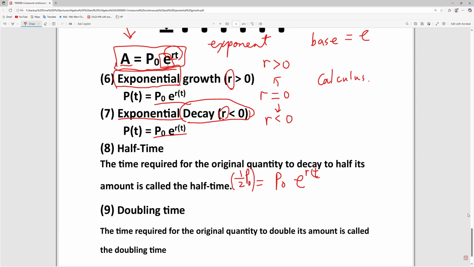And the half time is this time. They tell you what the half time is. You can have the original initial amount become half. So this is the half time.